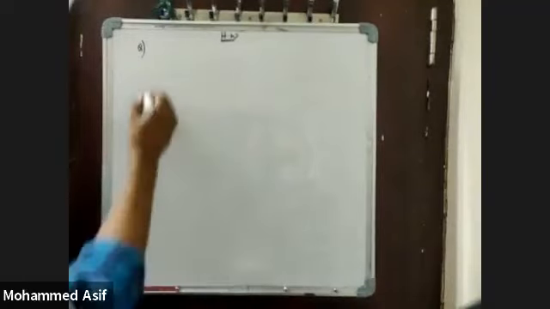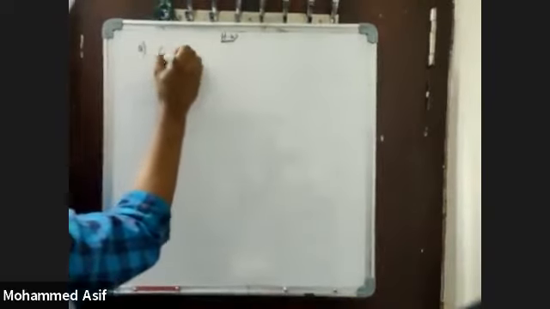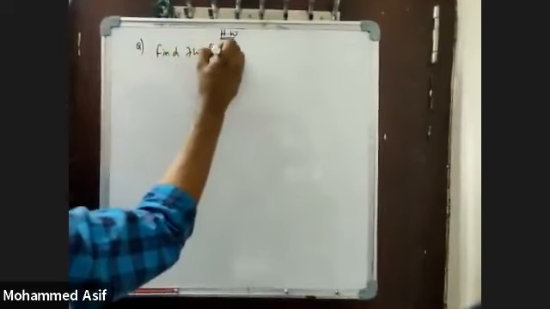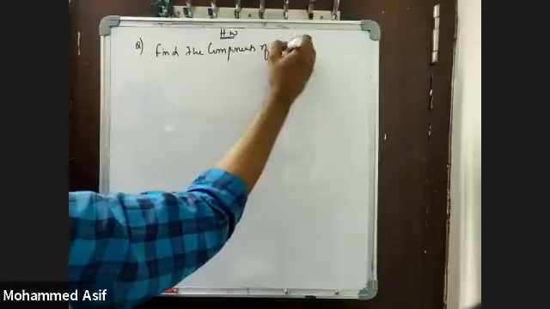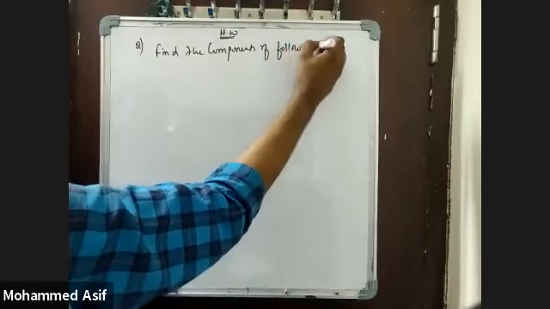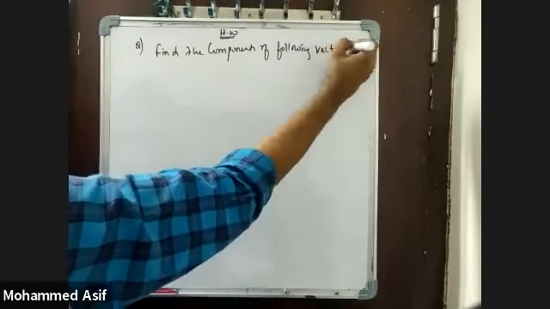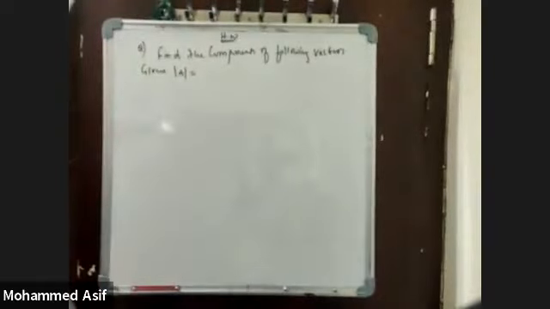Okay. Now write the question better. Find the components of following vectors. Given: mod of vector A is equal to 2 units.